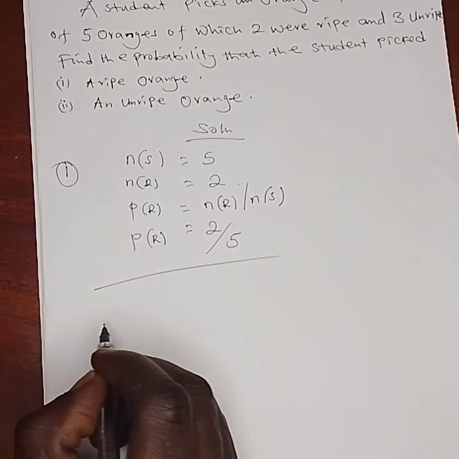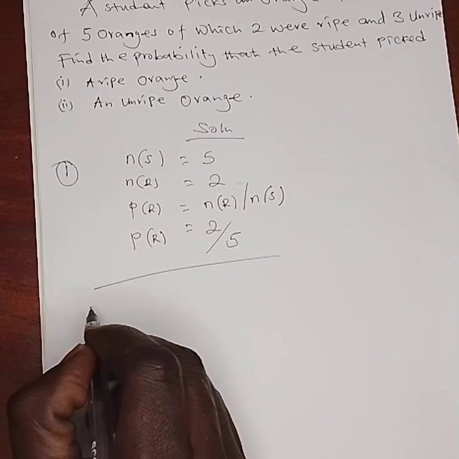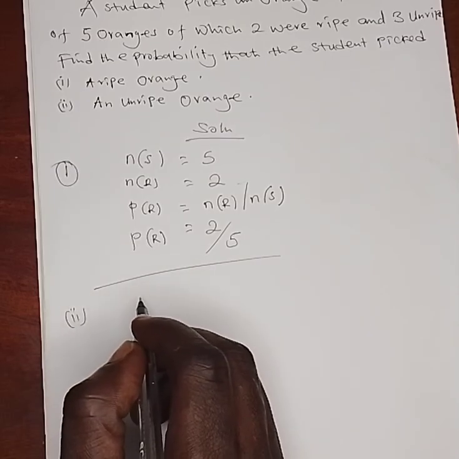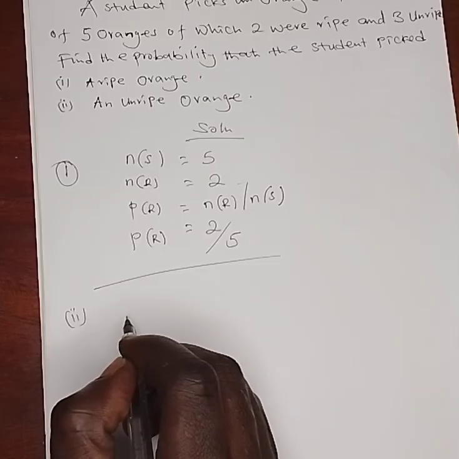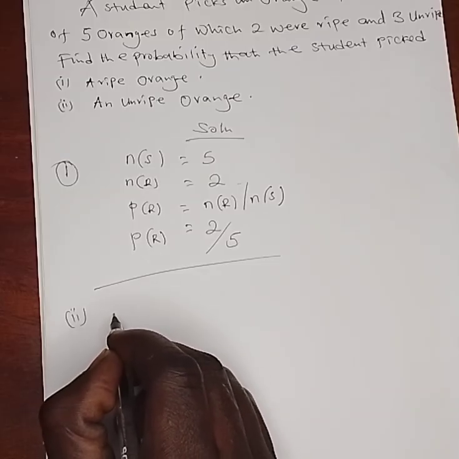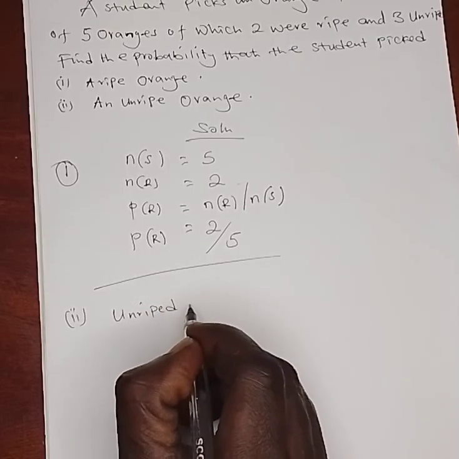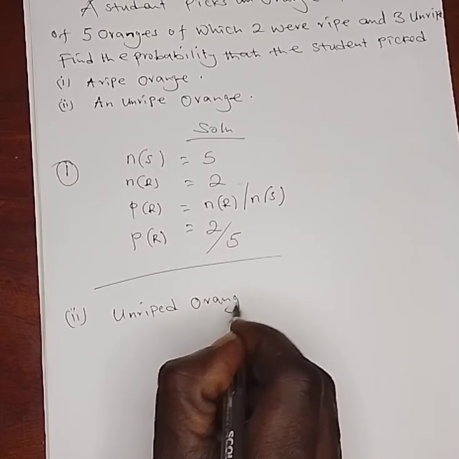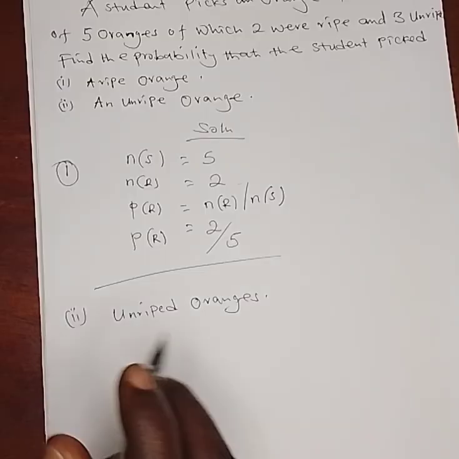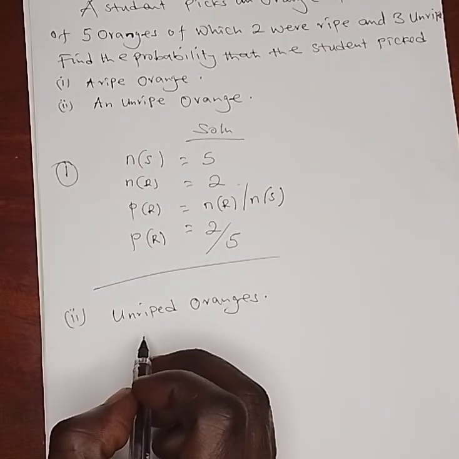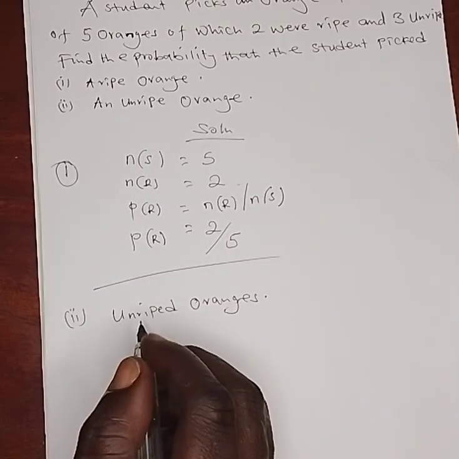Then we have Roman number 2. In Roman number 2 we are told to get the probability of a student picking an unripe orange. Since you've got the format from Roman number 1, you will still use the same format.